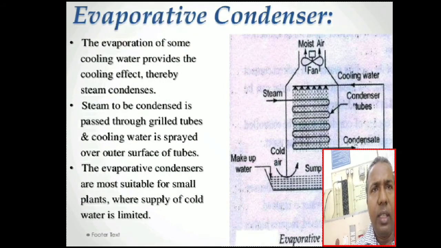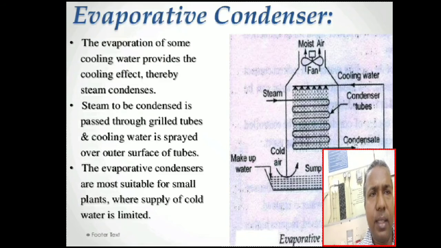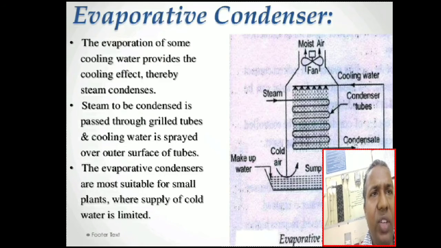Next is evaporative condenser. So in this type, the evaporation of some cooling water provides the cooling effect, thereby the steam condenses. So on the basis of the evaporation principle, this steam gets condensed. As shown in the figure, the steam is passed in tubular form through the condenser tubes, and on these condenser tubes the cooling water is sprayed.